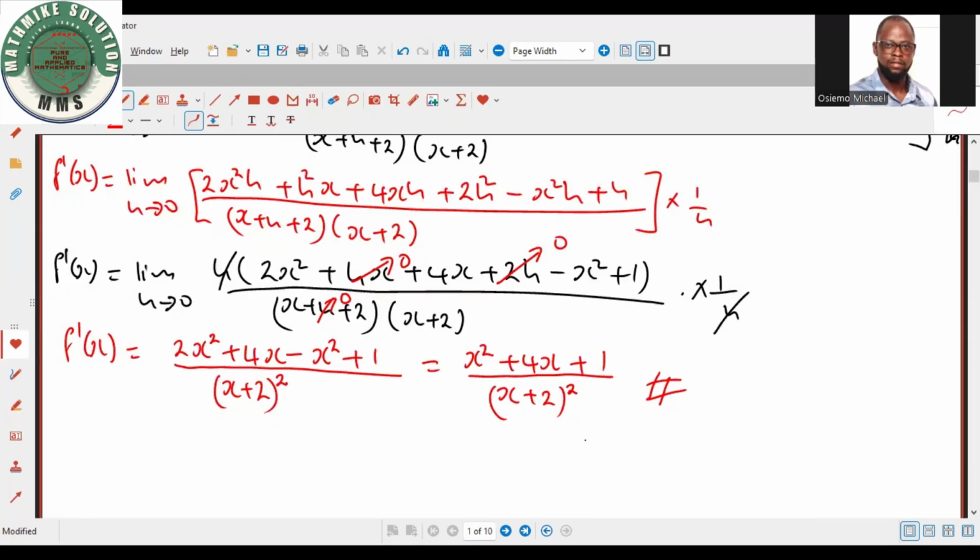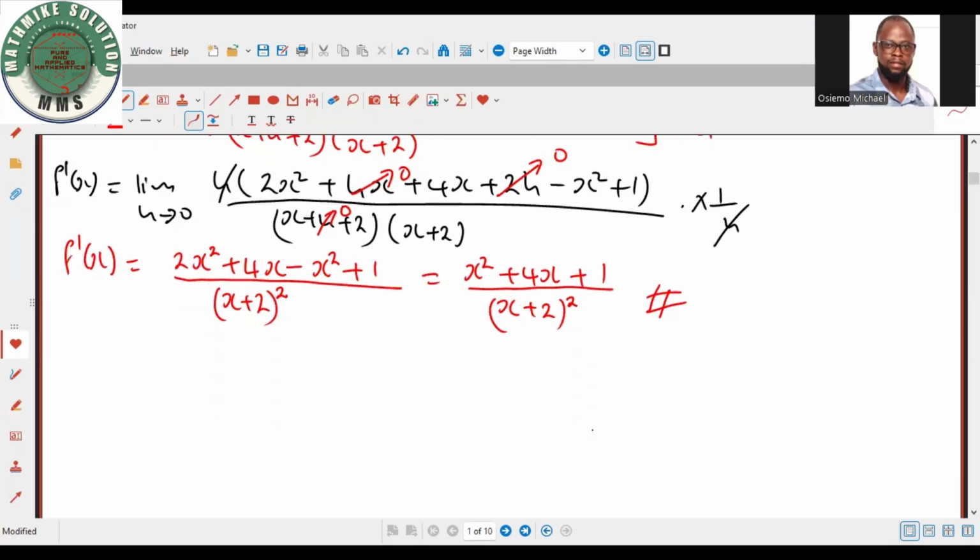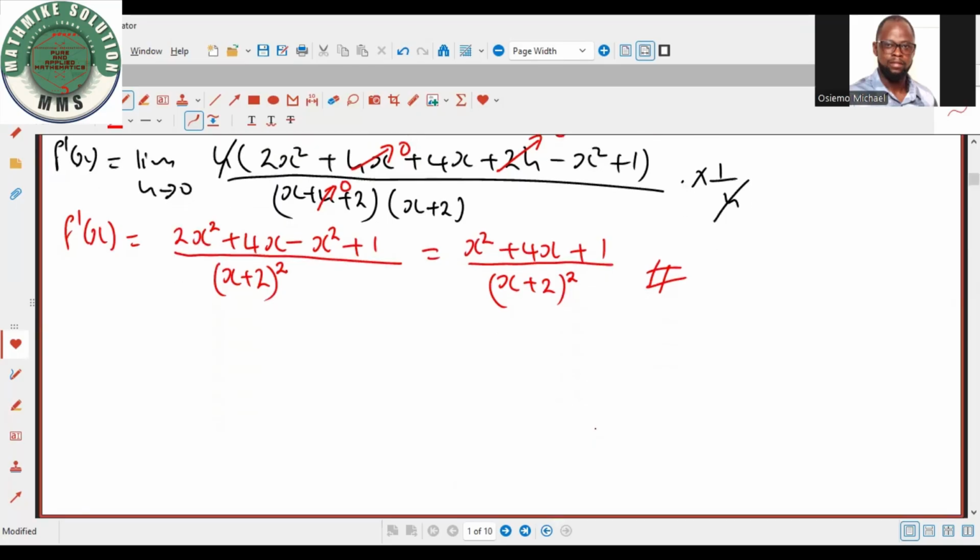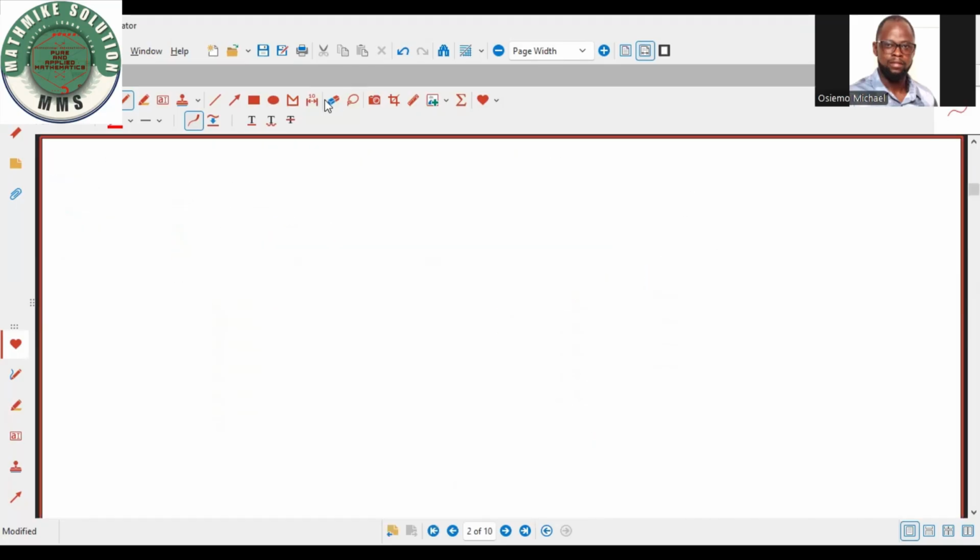So today, we want to look at the next method, which is the product rule. So this is number 2, the product rule.